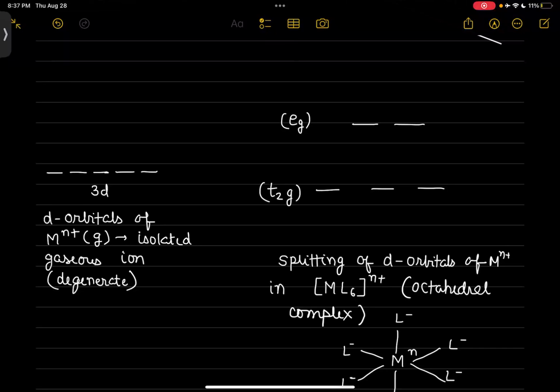In octahedral splitting, eg consists of the axial set of d orbitals.